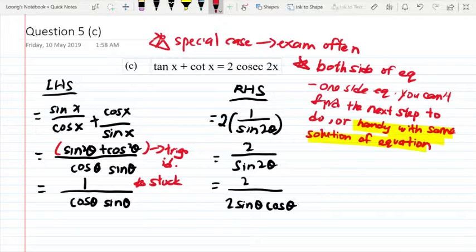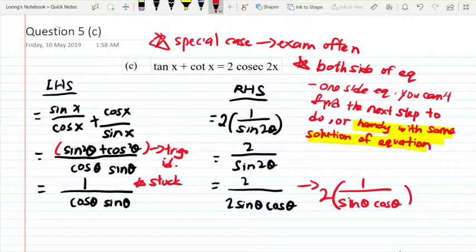As this is actually 2, but this is actually 1 sine theta cos theta, but only in the multiple of 2, which means that we need to multiply 2 in here.